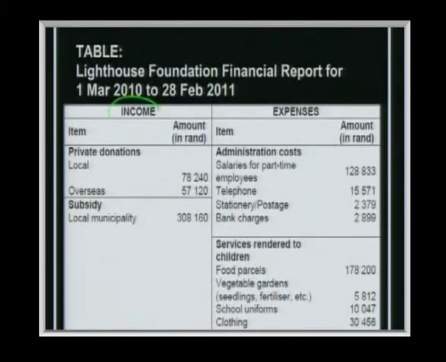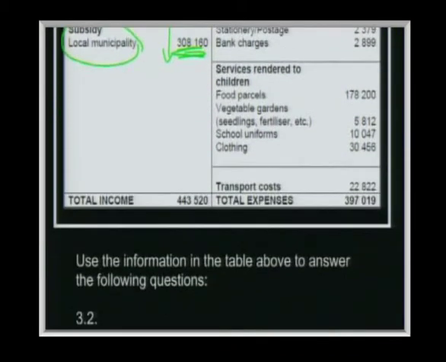So we're going to look for our income. So it's going to be this side of the table. And we need to look for the biggest number over here. So I'd say that that's my biggest number, 308,160 Rand. And what is that for? It's for a subsidy from the local municipality. So let's write that down.